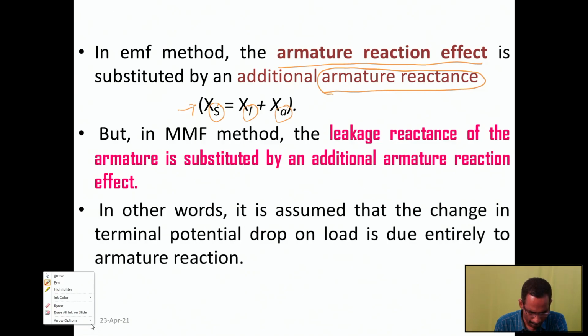in the EMF method. In the EMF method alone, we are calculating the synchronous reactance.